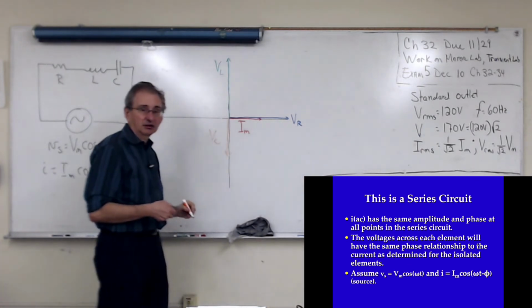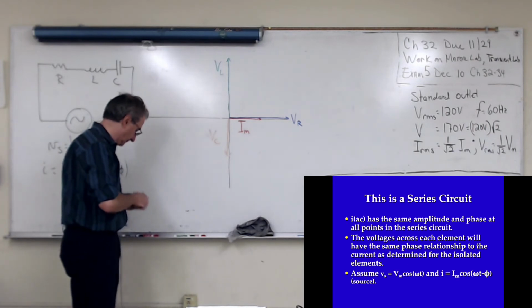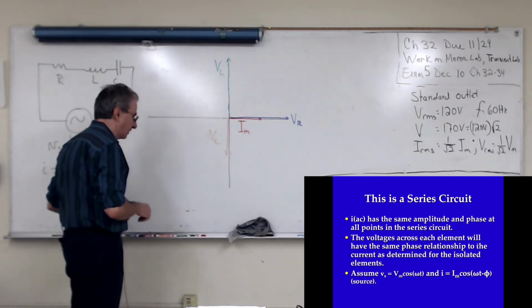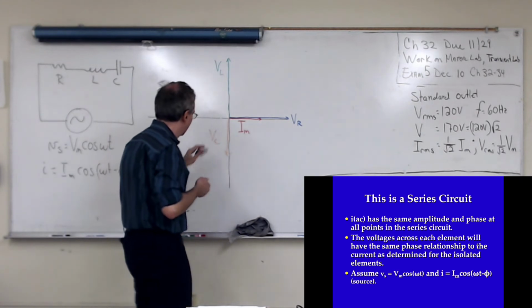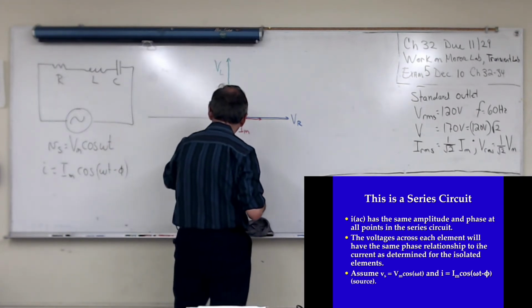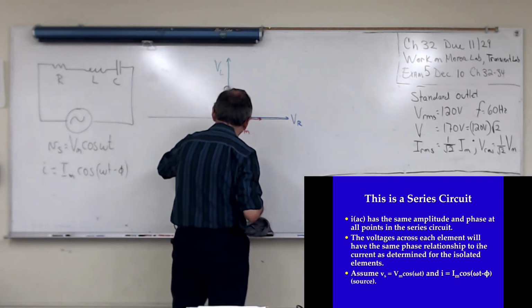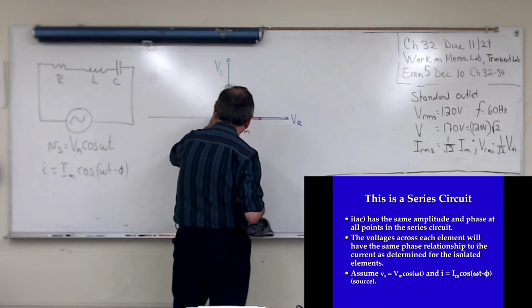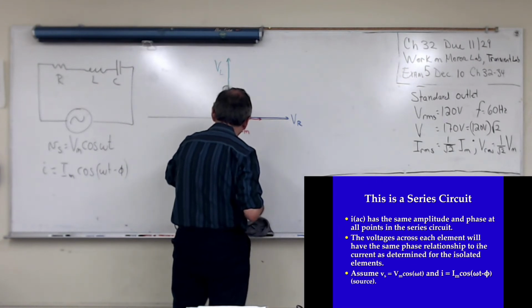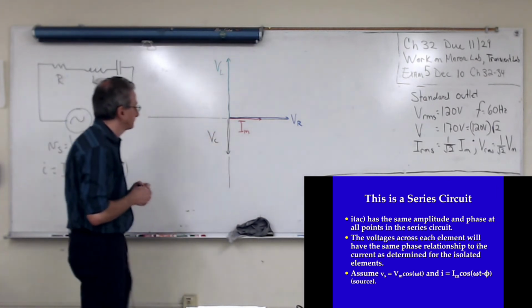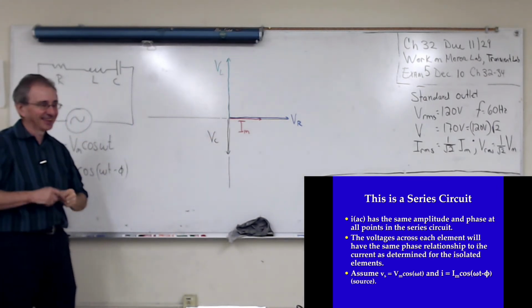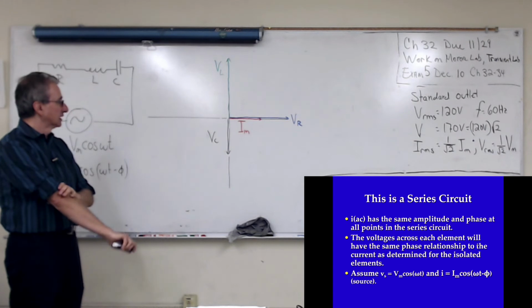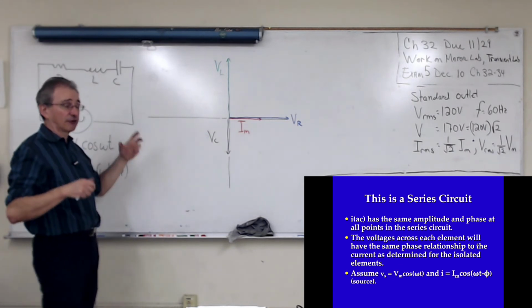Can you see that or not? That's pretty faint. Okay, I'm going to draw it in black. I don't have enough colors. We ran out of colors. That you can see, right? Barely. Yes. Okay. So that's my phasor diagram for the three voltages.